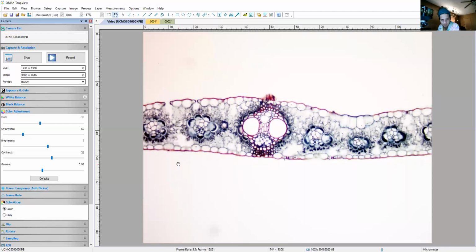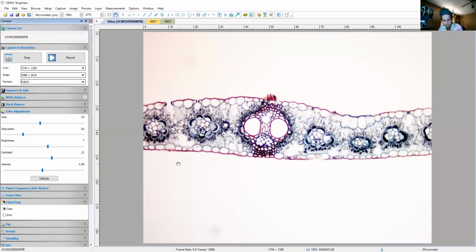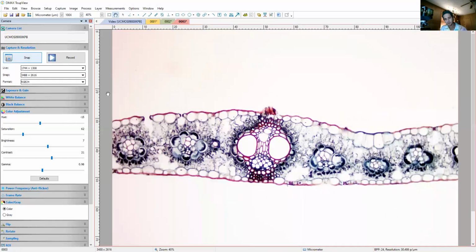That one is in particularly good shape. I'm going to go ahead and take a picture of that. Very cool. What a nice image. Xylem, phloem. And you see on the inside here, no palisade mesophyll.